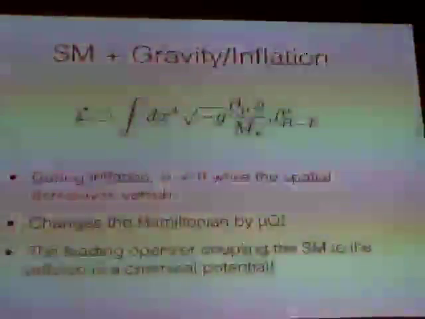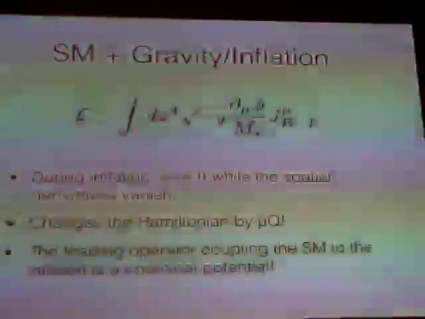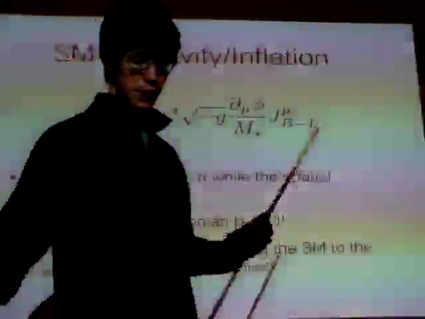Now, what is J0? It's just charge density. So this is literally deforming the Hamiltonian by something that's just mu times Q. And so literally the leading operator coupling the standard model to the inflaton is a chemical potential, at least during inflation.